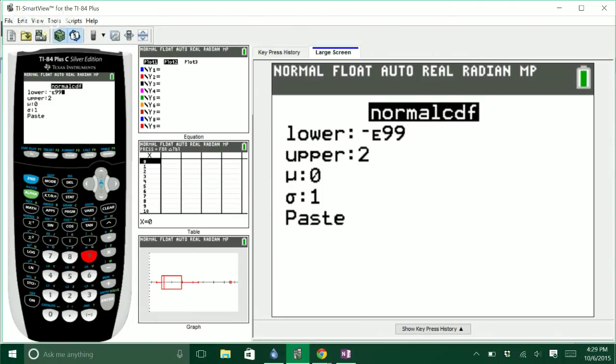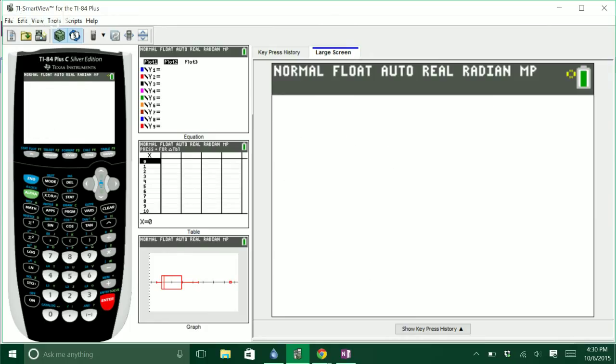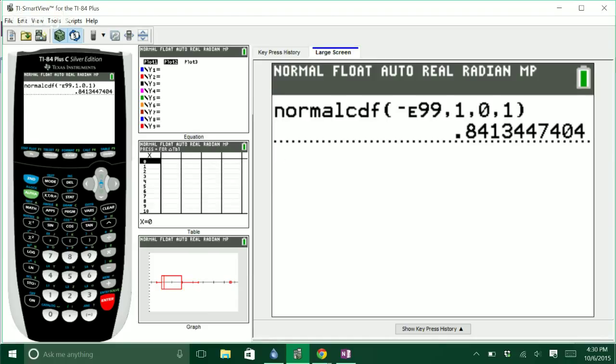I don't know why I didn't get a 1 there. Let's just pretend a 1 is there. And then we're going to go to 1. 0.8413. It's really close.